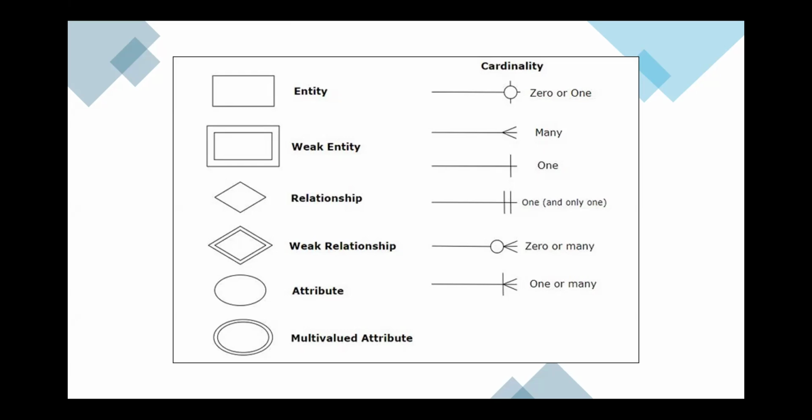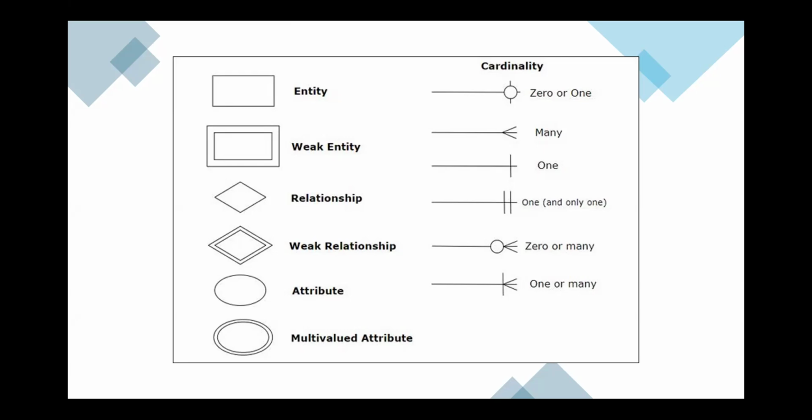An attribute is an oval, and two together make a multi-valued attribute. Cardinality, like one to many, many to one, is easy to understand. Here you can see 0 or 1, many to 1. So from one point it starts and goes into many fingers, right? One and only one, double ones.